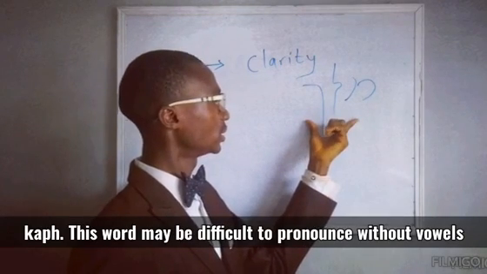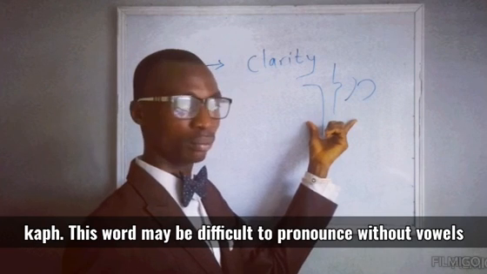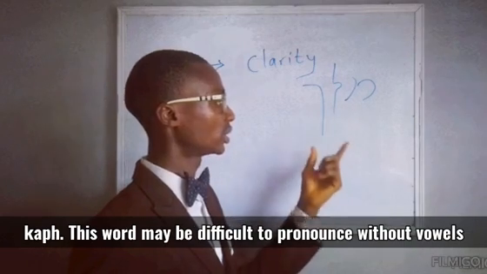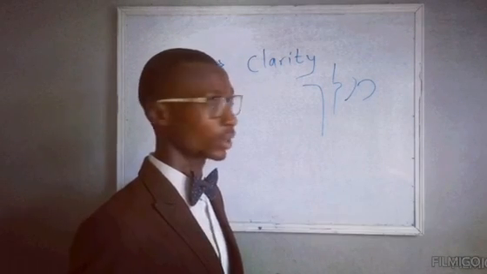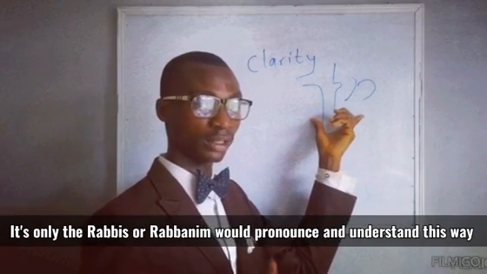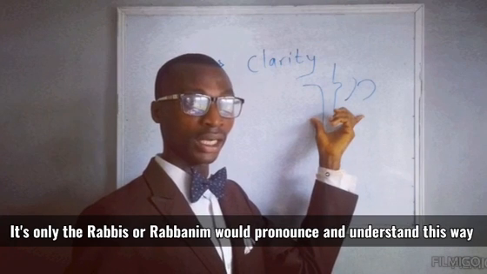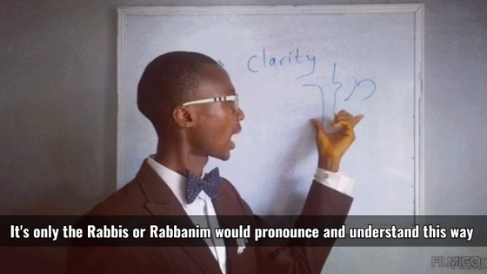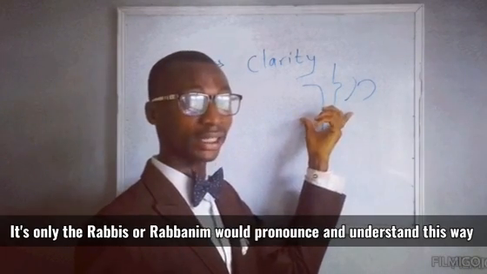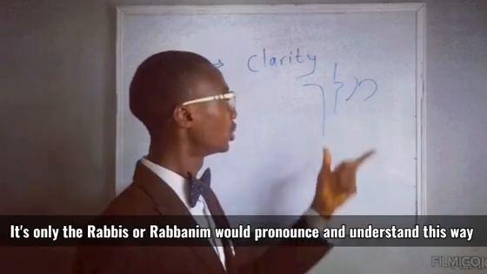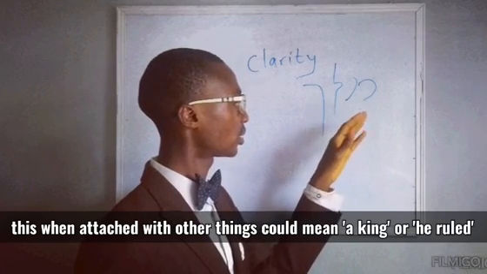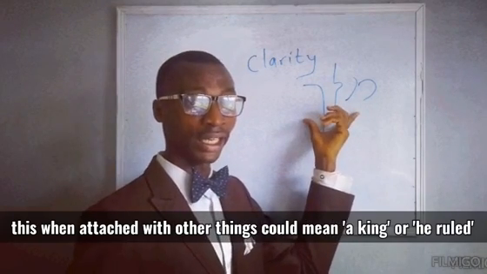Now, this word may be very difficult to pronounce without the vowels. So it's only the rabbis who will be able to see this and pronounce it easily and also know the meaning. When other things are attached to it, this will mean a king.